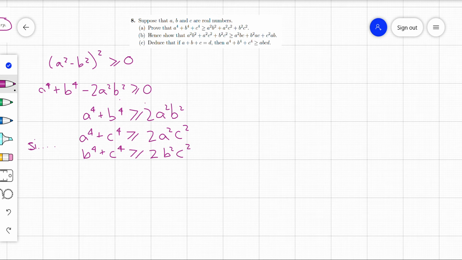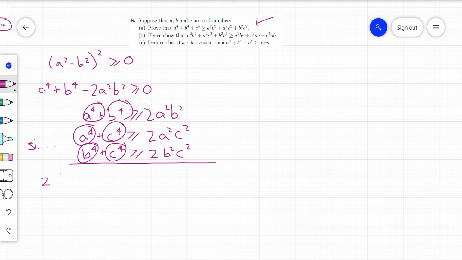So again, if I have a look at this, I want all of them. So why don't we just add and see what we get? Okay, let's add all these together. You can see we're going to get 2 lots of A to the power of 4, 2 lots of B to the power of 4, and 2 lots of C to the power of 4. So 2 lots of A4s, B4s, C4s.